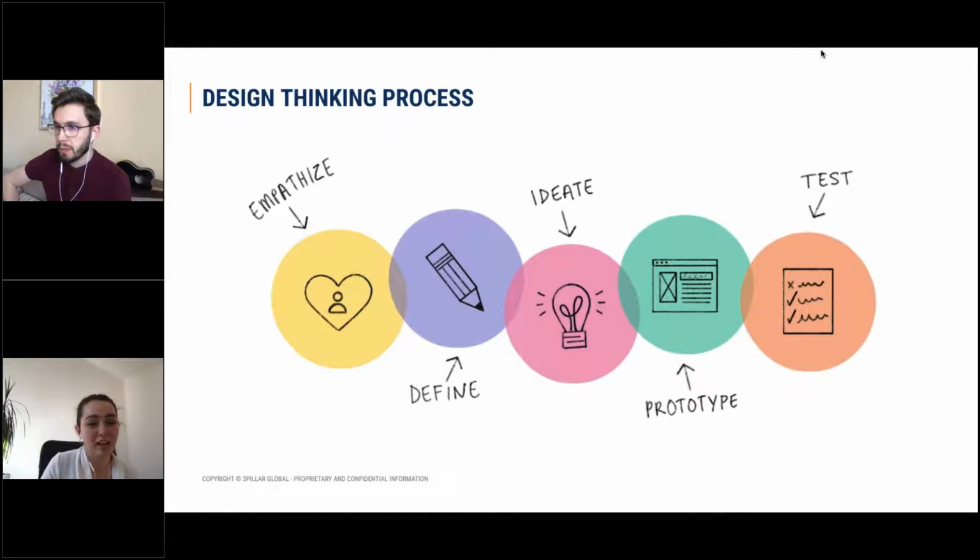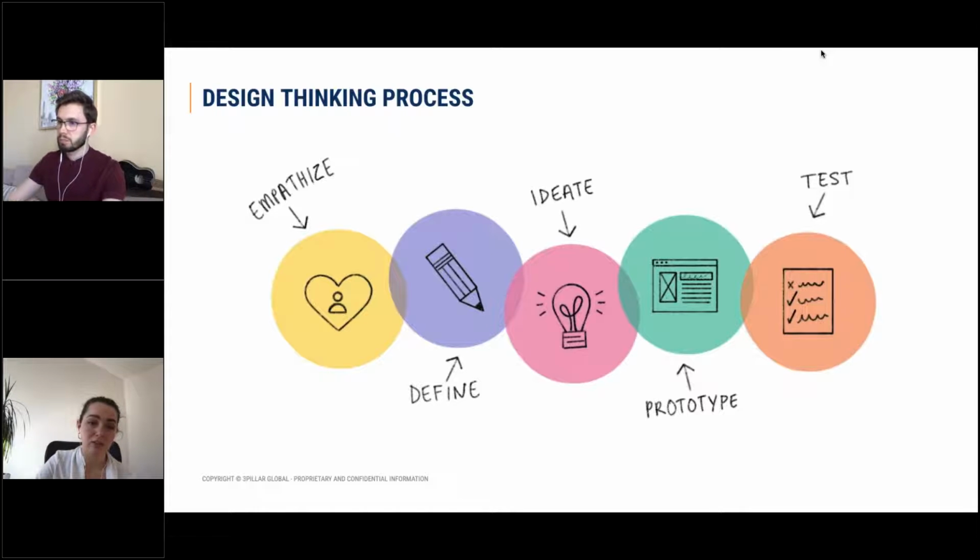Thanks, Georgie. To understand the whole concept of design sprints, we should first get familiar with the larger concept on which design sprints are actually built, and that's called design thinking. Design thinking is an iterative process. It seeks to understand the users, challenge assumptions, redefine the problems, and bring innovative solutions, sending them out into the world to be tested as rapidly as possible.